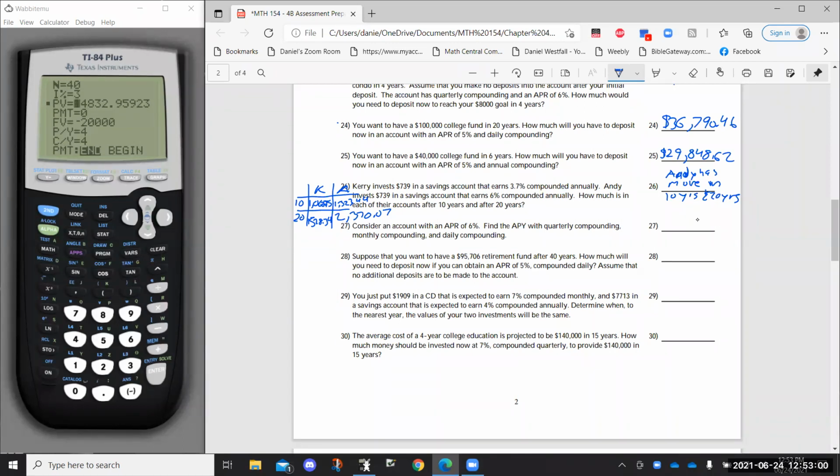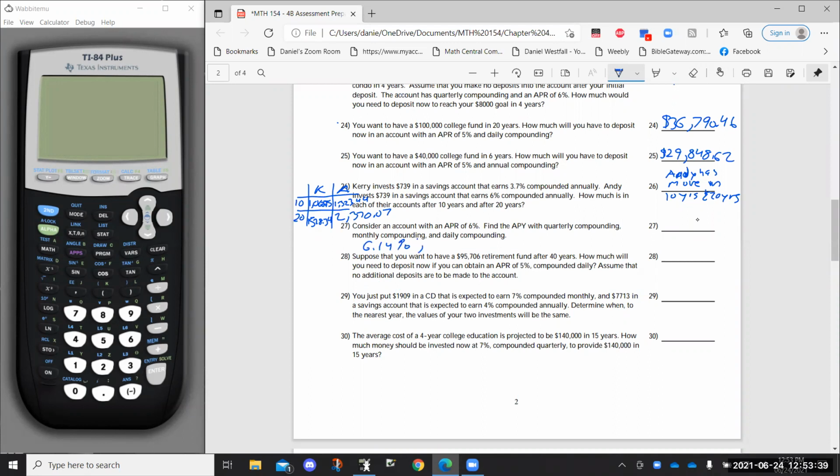And then the next question says to find the APY given these different situations. So APY, if it is compounded quarterly, is going to be 6.14%.